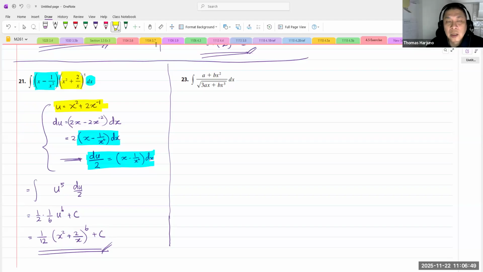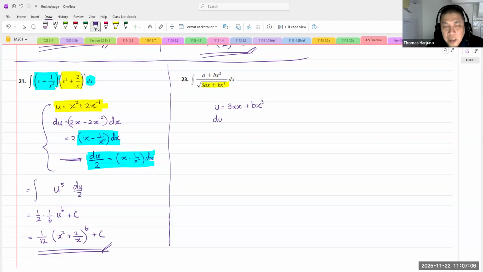Number 23, we have this square root. Inside that square root, we have this ugly guy, 3ax plus bx cubed.